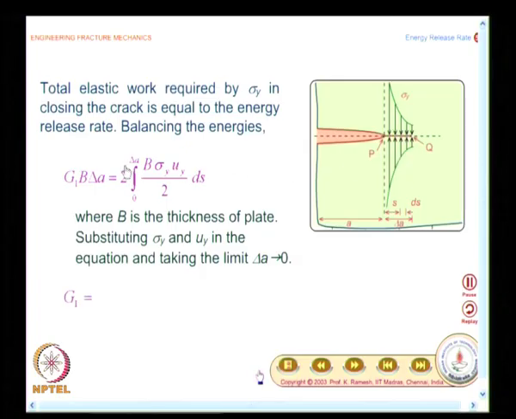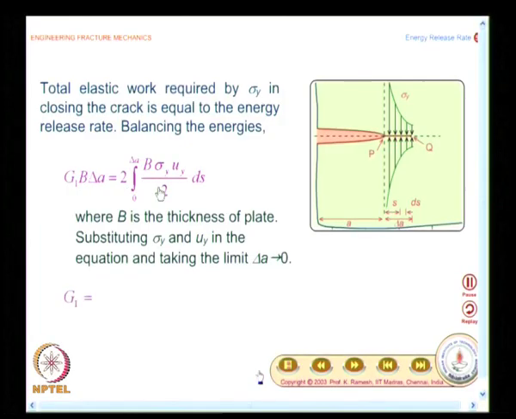So, I have a factor 2 coming into the picture. Do not associate this 2 with 2 crack tips, we are not doing it that way. If you listen halfway and then simply extrapolate, do not do that. You have to listen carefully, understand the context in which we are doing it, and write the expression carefully.